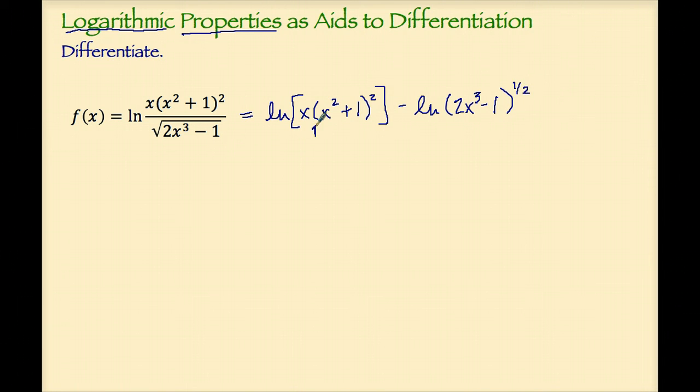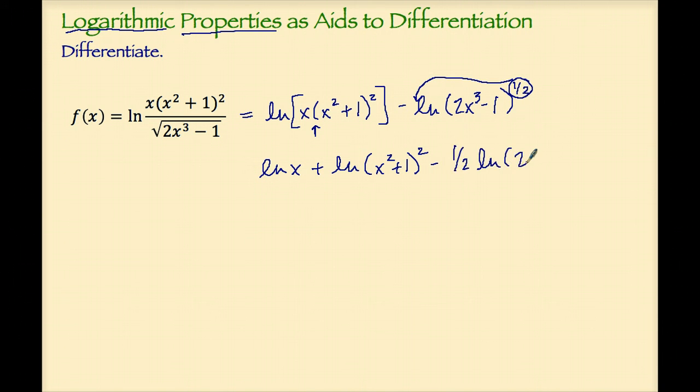Now I'll use the product property to separate this into two different logarithmic expressions, natural log of x plus natural log of x squared plus 1, quantity squared, and I might as well use the exponent property to bring this 1/2 around to become the coefficient of that logarithmic expression, minus 1/2 natural log of 2x cubed minus 1.